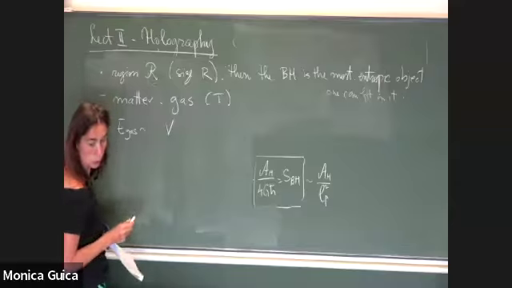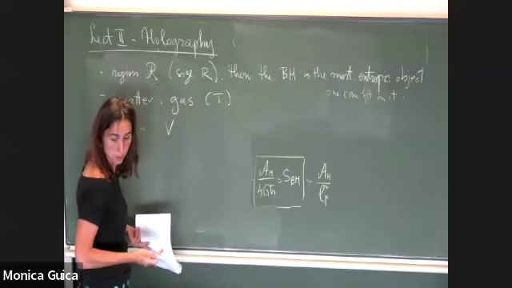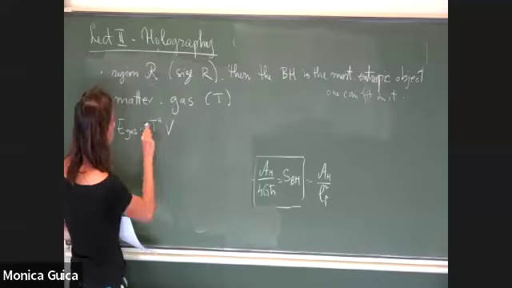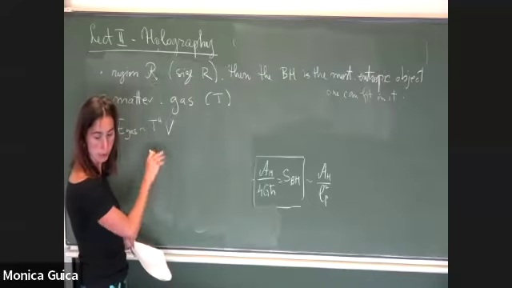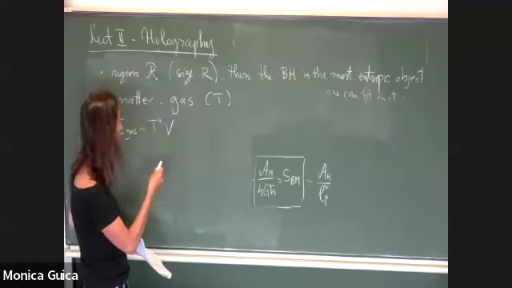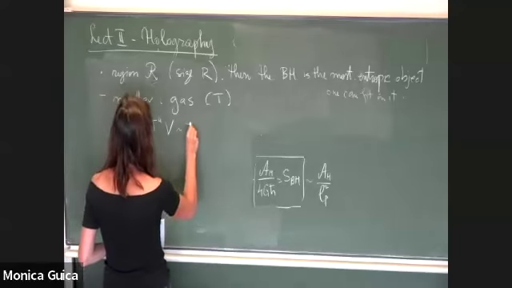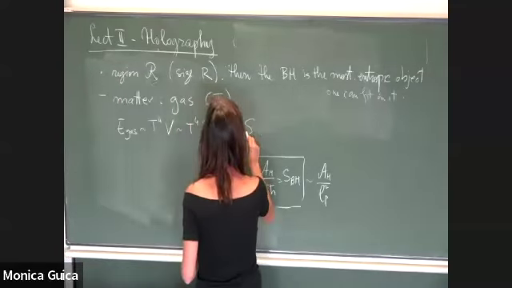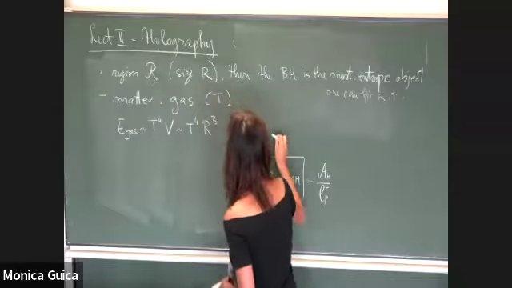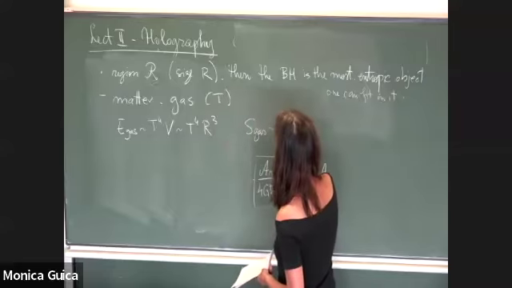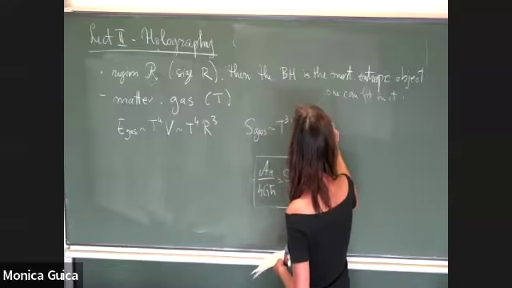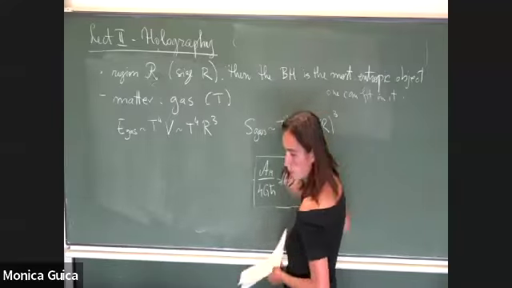It's going to be proportional to the volume, because this is some local thing, and by dimensional analysis I get a T to the 4 over here. Temperature has dimensions of energy, of mass. So this is T^4 R^3. Whereas the entropy of the gas, which is dimensionless, is going to be V times T cubed. So this is T^3 R^3.